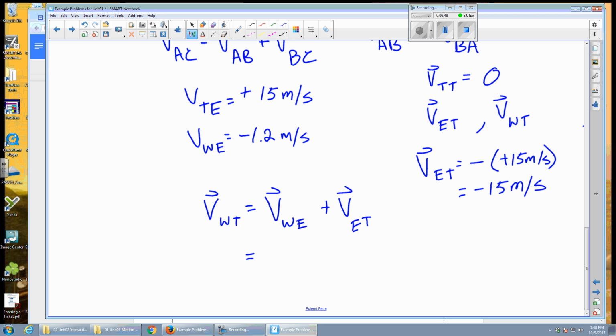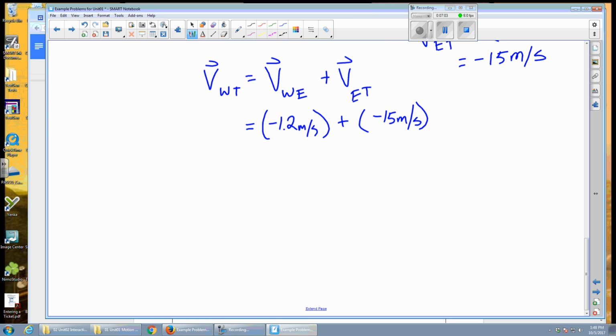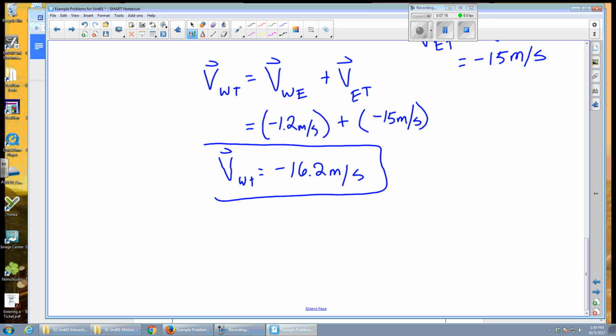Worker with the earth is negative 1.2 meters per second, plus earth to train is negative 15 meters per second, which means the velocity of the worker with respect to the train is negative 16.2 meters per second. Oh, I should be boxing these, right? Box.